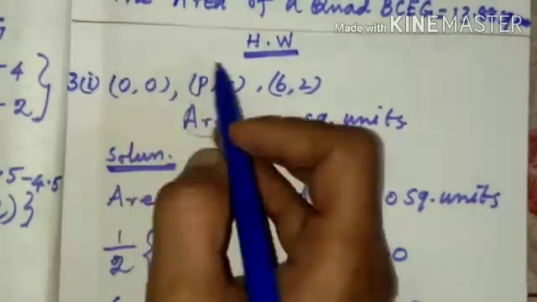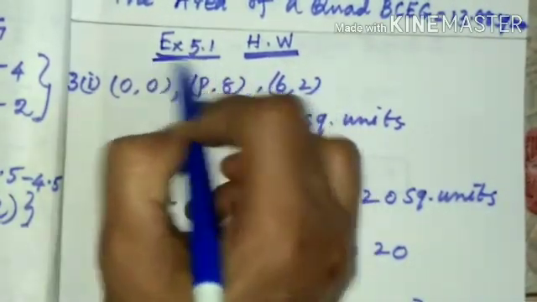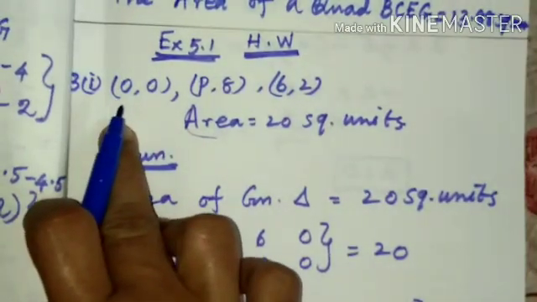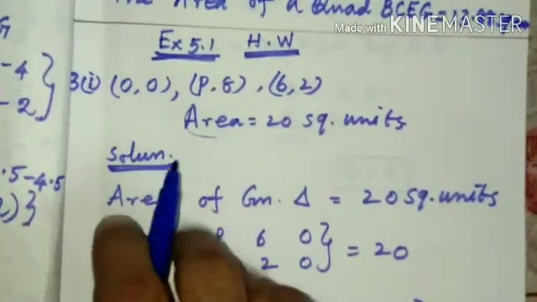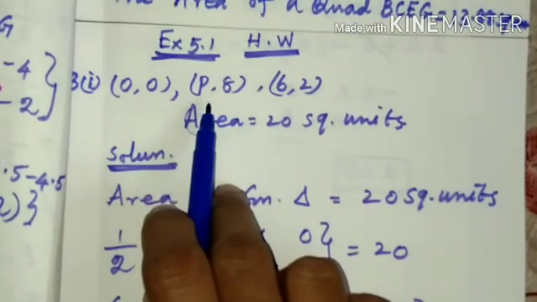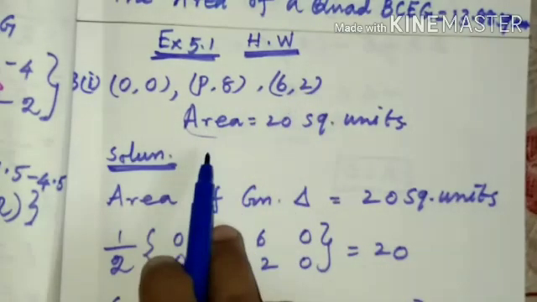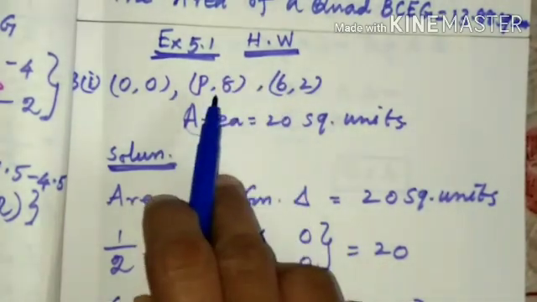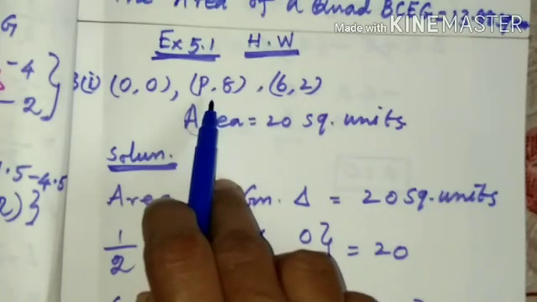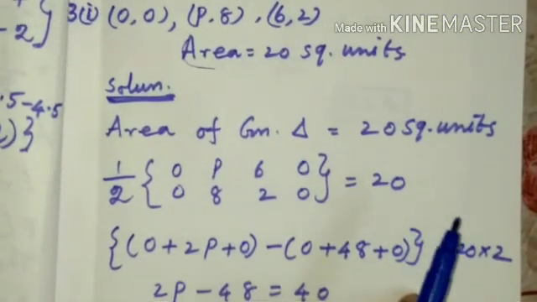Exercise 5.1. Third sum, first subdivision. In this question, we have to find the value of P. Vertices of the triangle are given and area is also given. We have to find out the value of P. Take down and write the given points.